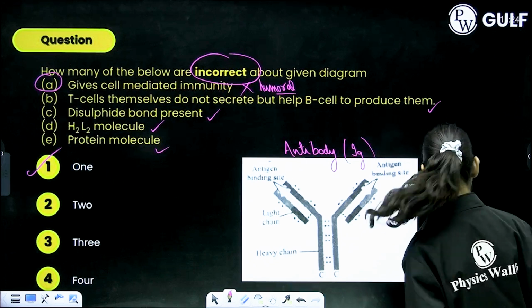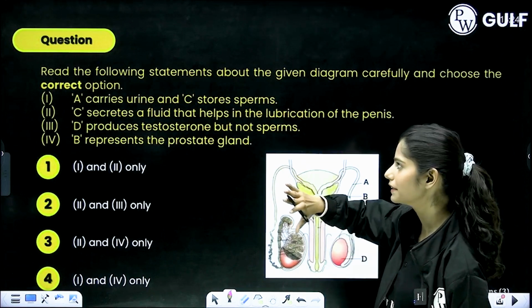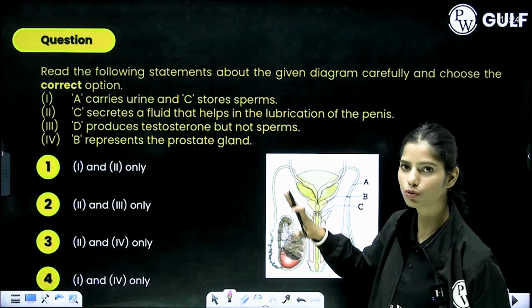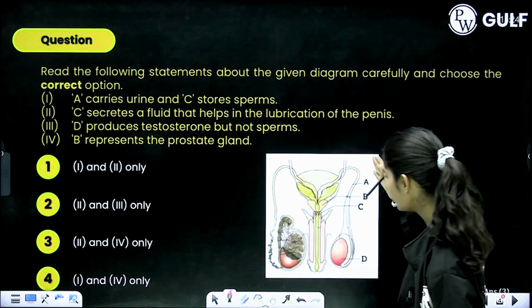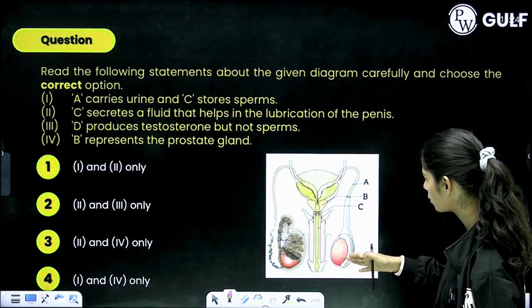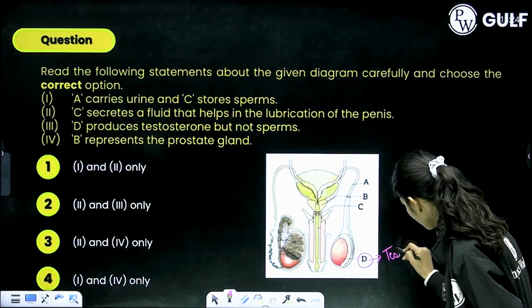Let's see the next question that we have. The next question is, you have to read the statements and then you have to look at the diagram and give your answers, okay? So we have to first of all label the diagram. We all know that the D part is testes, right?